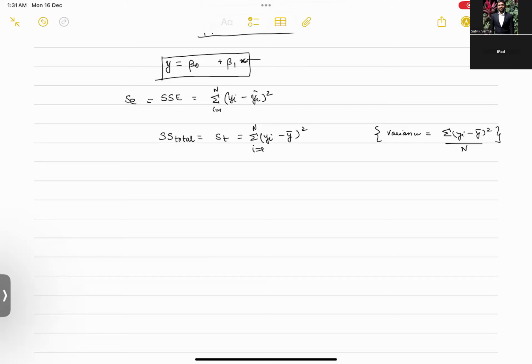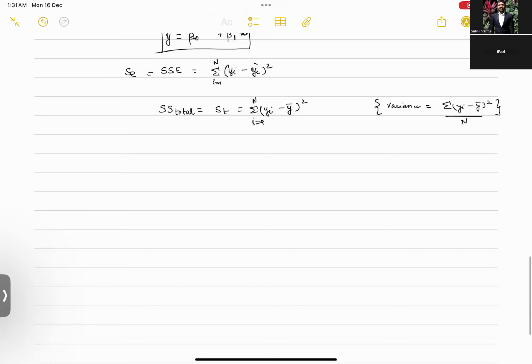Okay. Then we have a parameter called coefficient of determination, which is r squared. And r squared is 1 minus sum of squared errors upon total sum of squares, right?